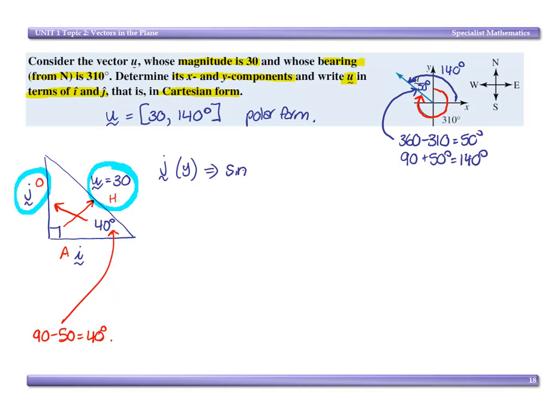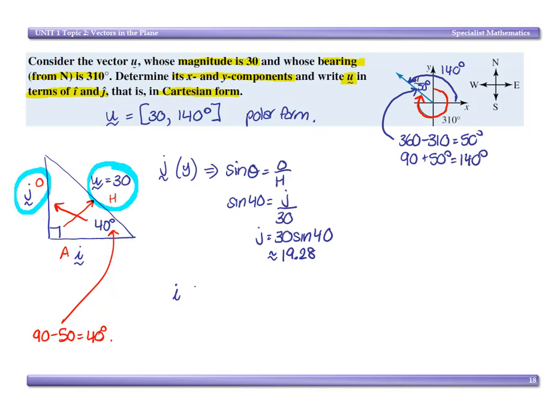So sine theta is O over h. Plug in our information. Sine 40 is my j over 30. So j is equal to 30 sine of 40, which is approximately 19.28.